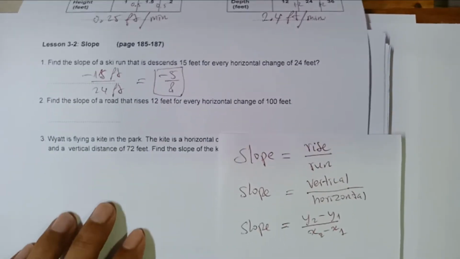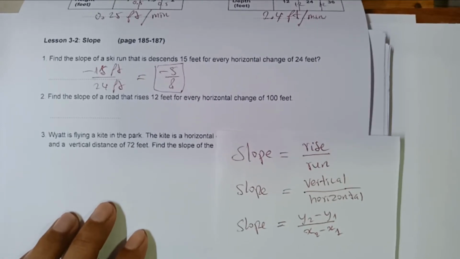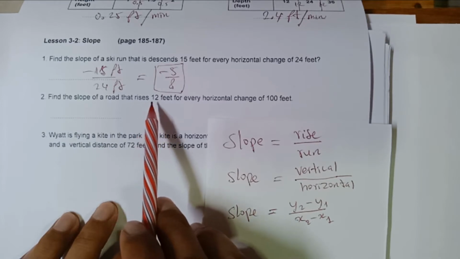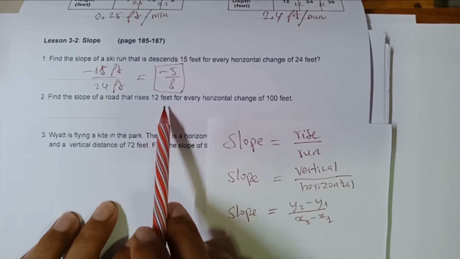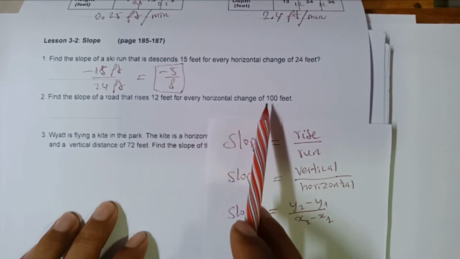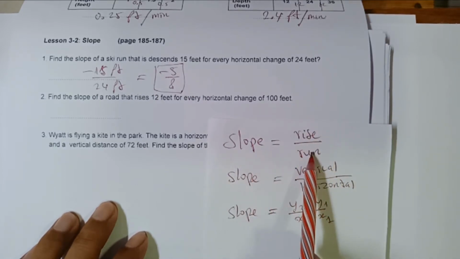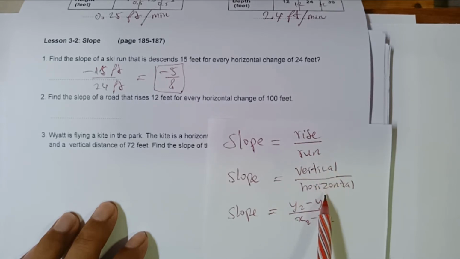Now for number 2, find the slope again. It rises 12 feet for every horizontal change of 100 feet. You can use the first formula, rise over the run, or the second formula, vertical distance over horizontal distance.